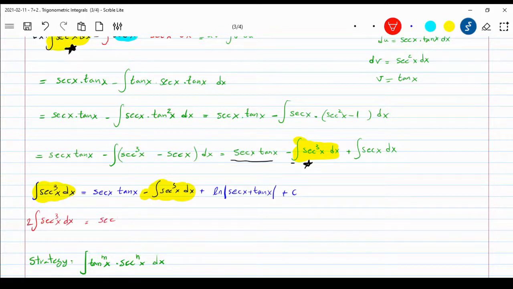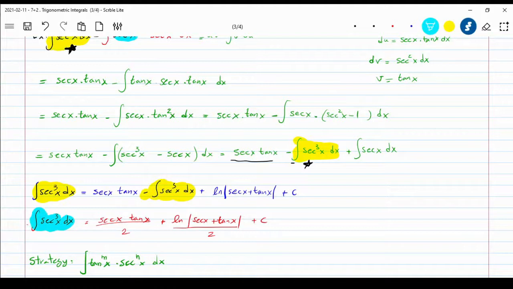It equals secant x tangent x plus ln absolute value of secant x plus tangent x, plus some constant. So if the question was to find 2 times this integral, this is what we get. But the question is to find the integral of just secant cubed. So it will be this divided by 2, this one divided by 2. Constant divided by 2, c doesn't really matter. That's still a constant. So finally, we figured out what the integral of secant cubed x dx is.